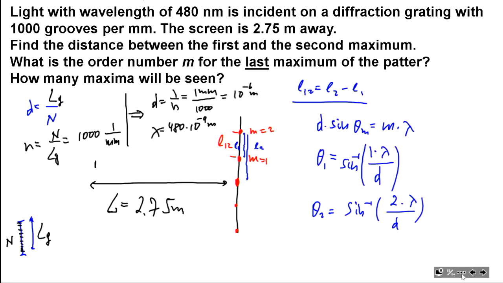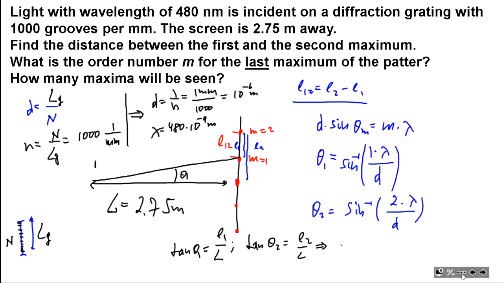What do we do next? Well, next is geometry. For example, theta 1: tangent of theta 1 is equal to L1 over L. Tangent of theta 2 equals L2 over L. Hence, L1 equals distance times tangent of the first angle.